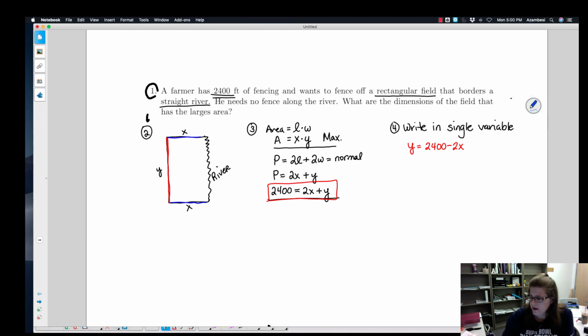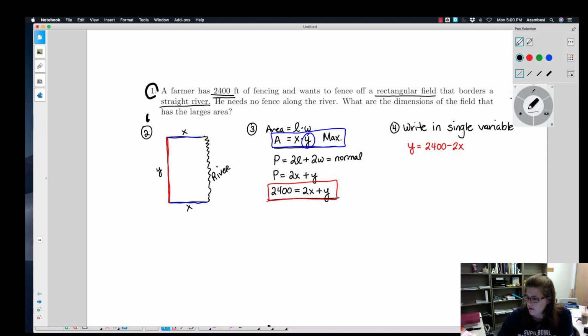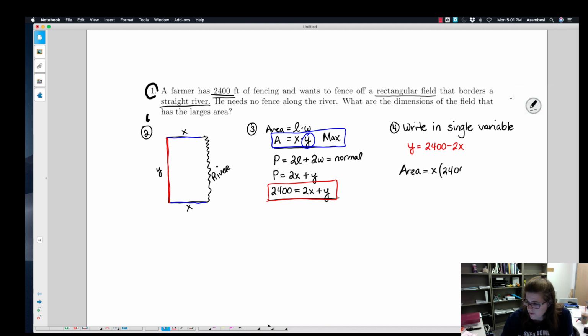Now what we can do, since we want to actually maximize this piece, is substitute out that y with what we know it equals in terms of x. So substituting, then I know that the area is equal to x times y, which is 2,400 minus 2x.